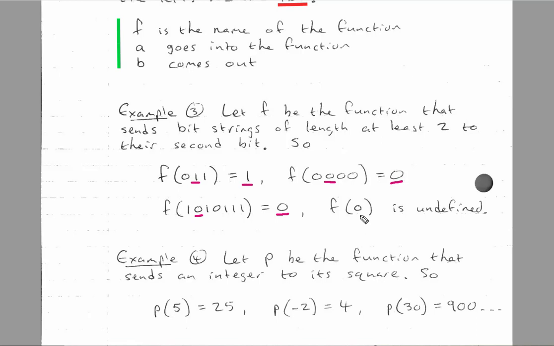So this 0 is not in the domain of the function. We get an error message from the function. It doesn't like that input, so nothing comes out. Okay, so functions are only defined on their domain. You can only put in elements of the domain into the function.